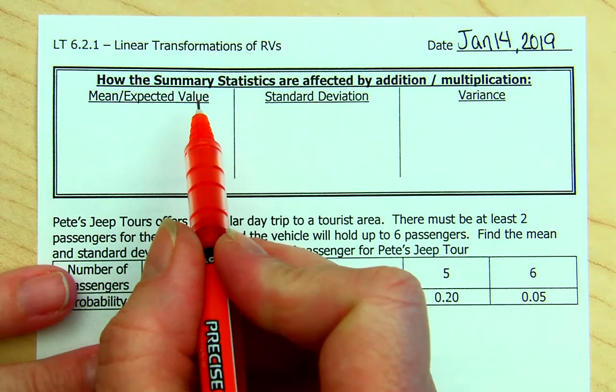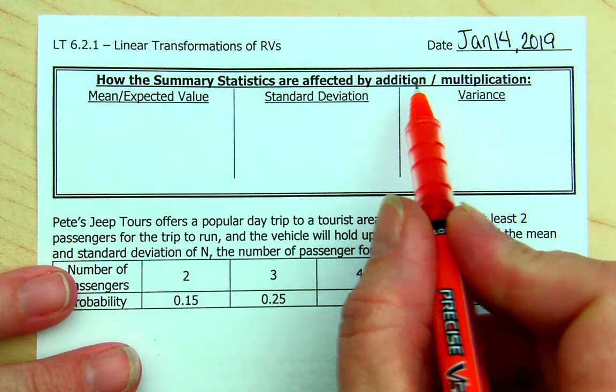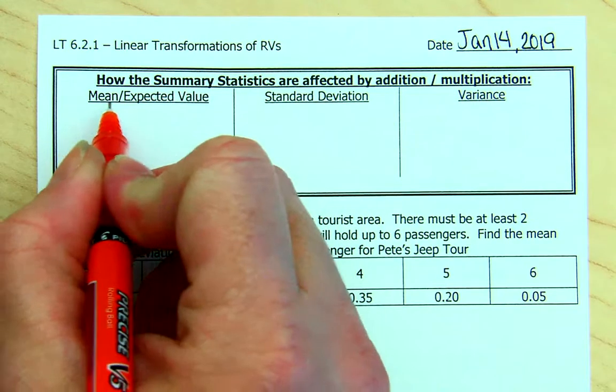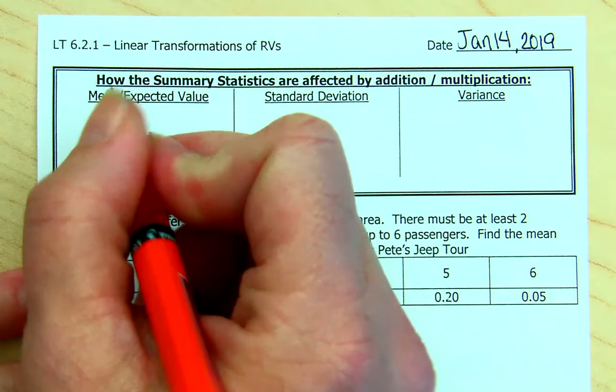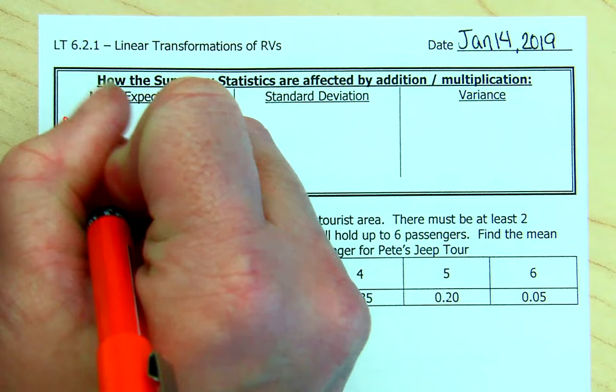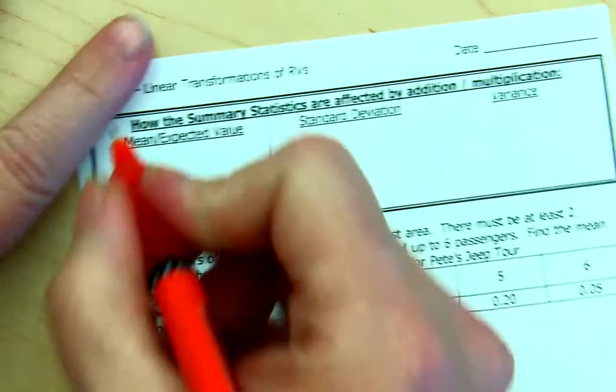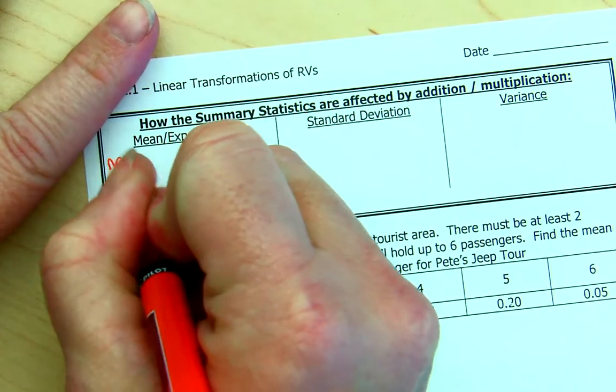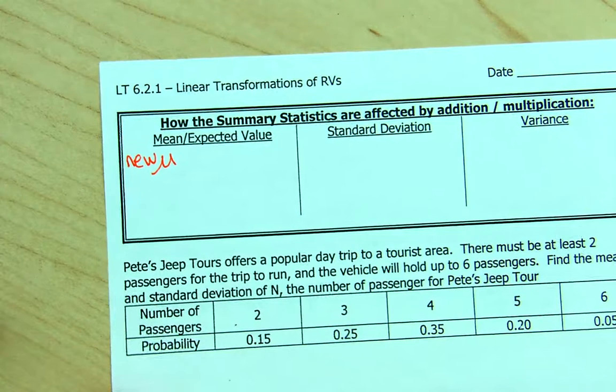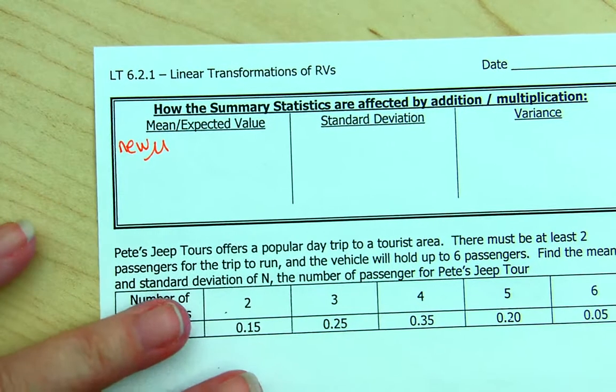So if we're looking at how they are affected by addition and multiplication, when we're talking about the mean or expected value, the new mean. I just totally wrote an M instead of a W. That's just weird. The new mu, I combined new and mu.